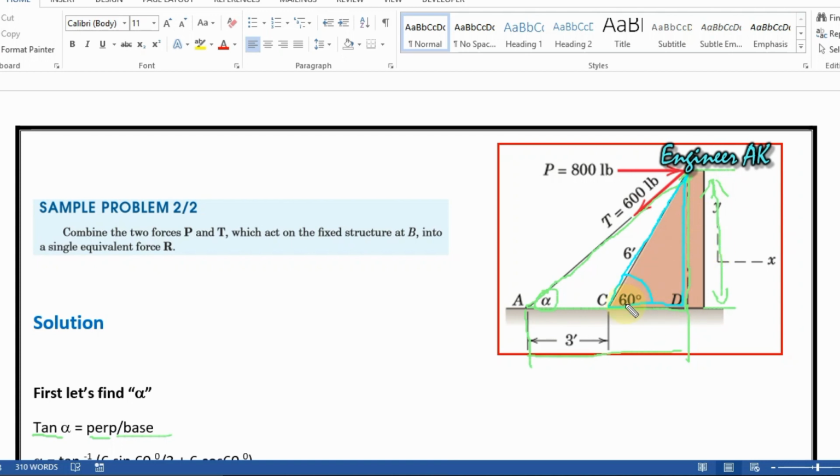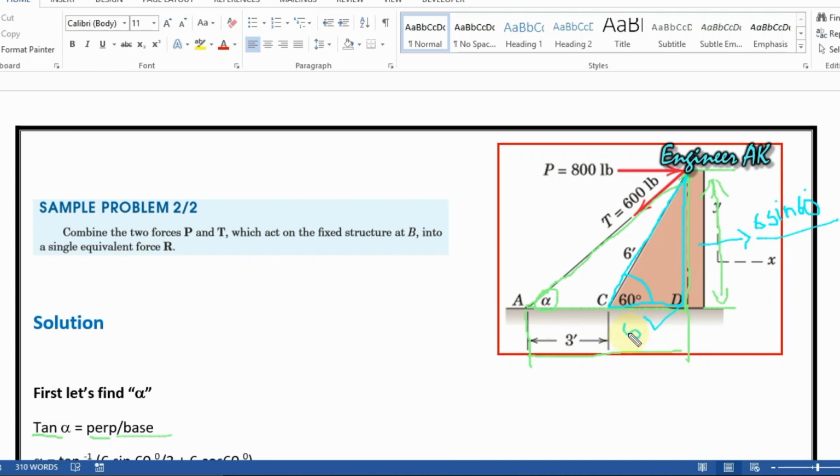If this angle is with this axis, this will be the cos component and this will be the sine component. So it will be 6 sine 60, because it is making 60 degrees, and similarly this distance will be the cos.